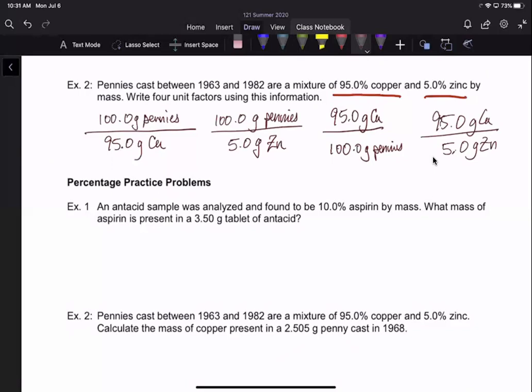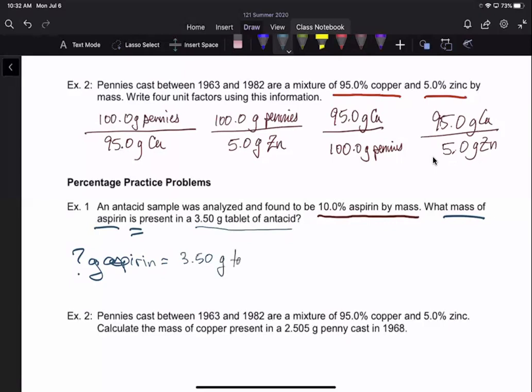Let's take a look in terms of an antacid. We'll be working with those in the lab a little later too. So let's say this particular antacid has pain relief with it. It's 10% aspirin by mass. So the question is asking what mass of aspirin, so how many grams of aspirin, are in a 3.50 gram tablet.